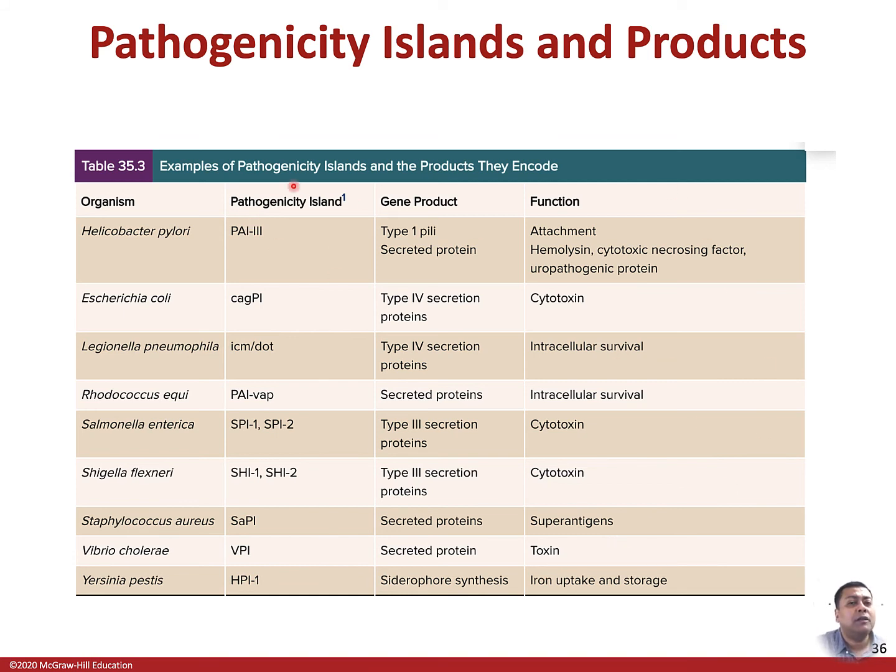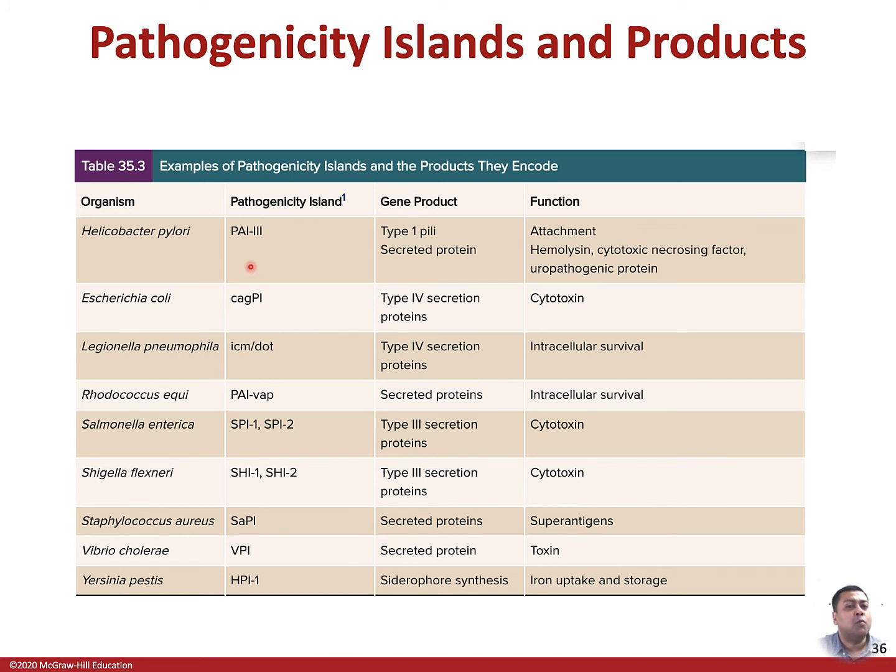Now, why we call it a pathogenicity island: remember that although the outcome is one specific outcome, many times, for example if it is type 4 secretion proteins, a multiple number of proteins are responsible to produce this particular toxin and to secrete that particular toxin. All of these genes are in the pathogenicity island.